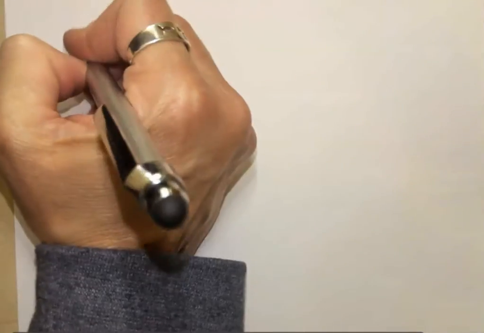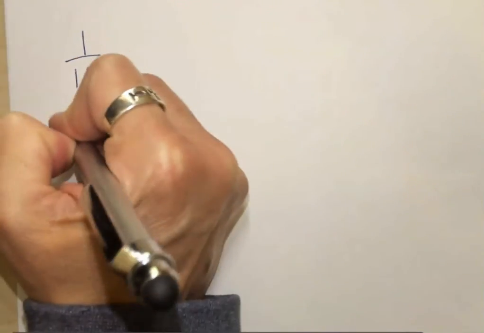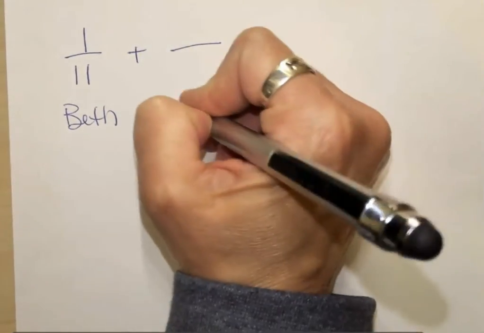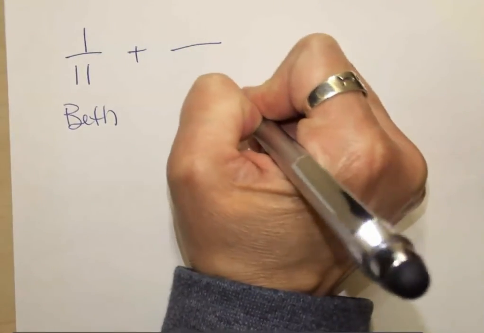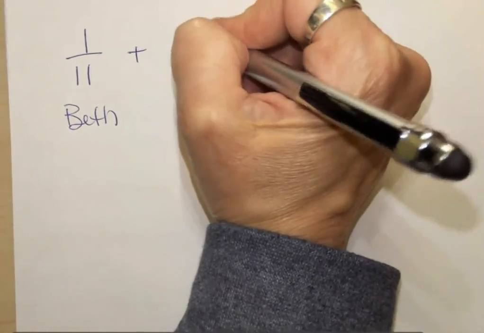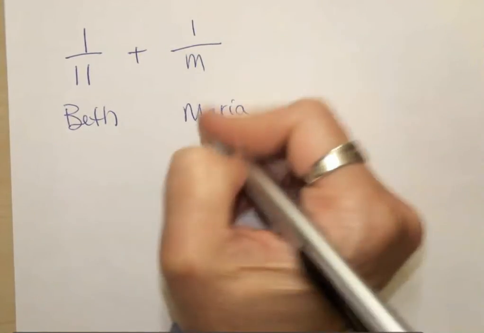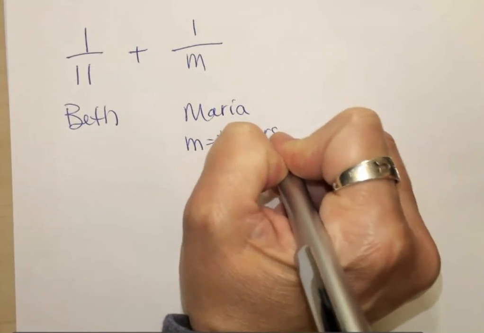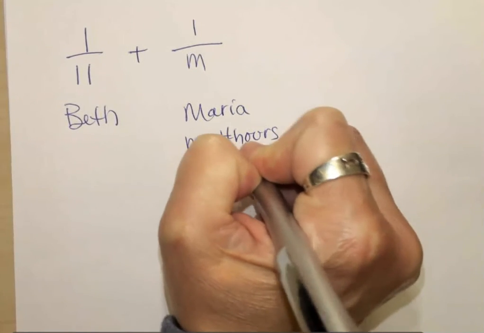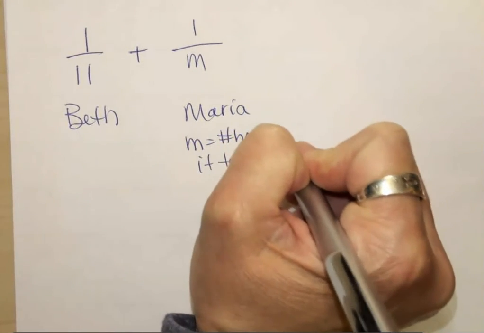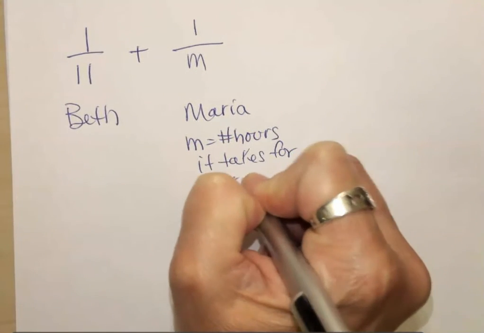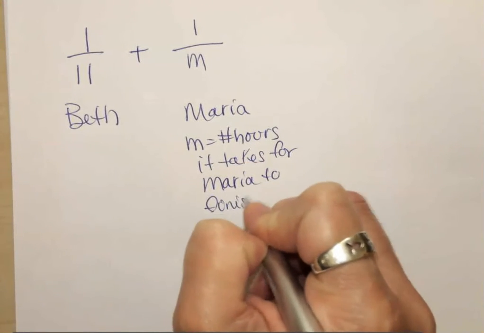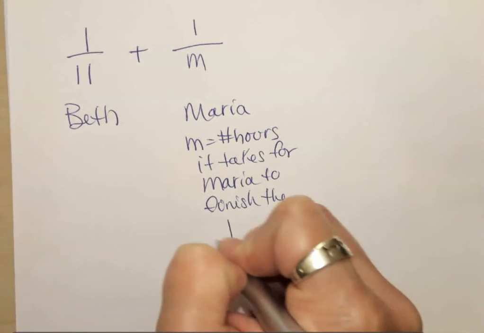So in 1 hour, Beth could do 1/11. Now, Maria, we don't know. So for Maria, she could do 1 over m, and m equals the number of hours it takes for Maria to finish the job alone.